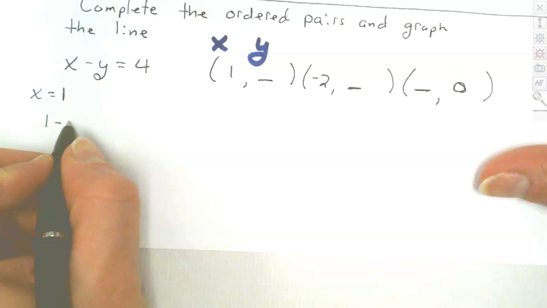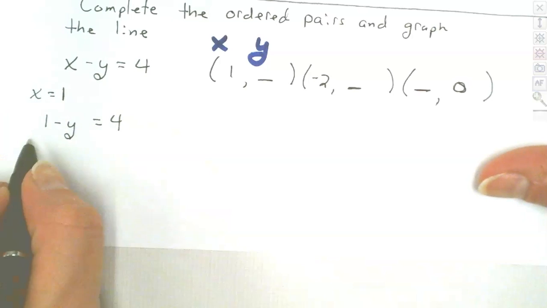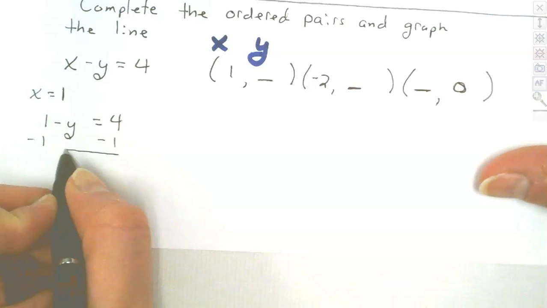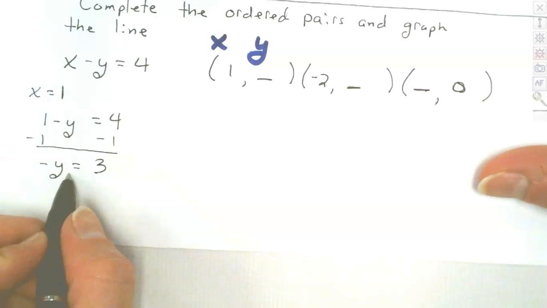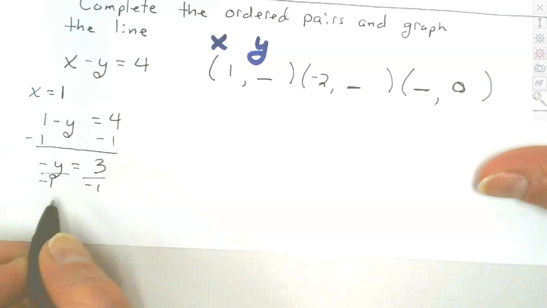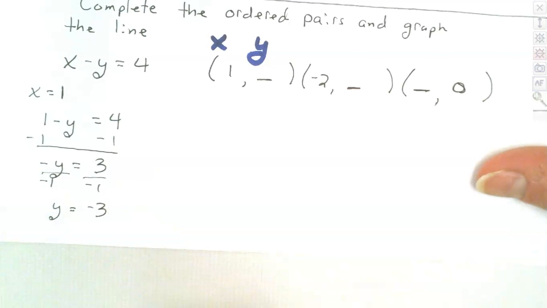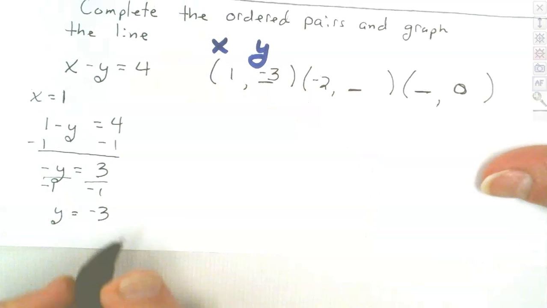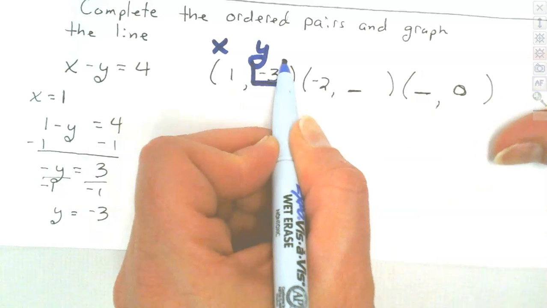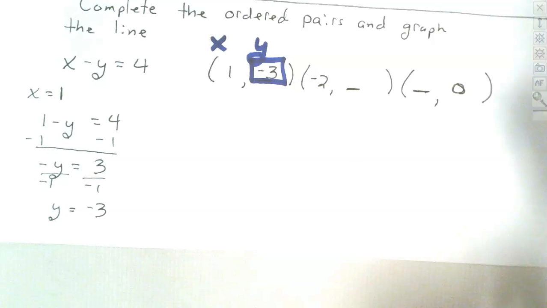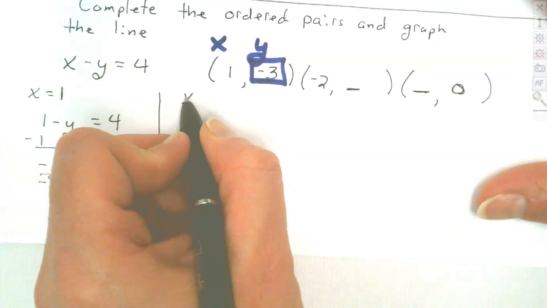So that's 1 minus y equals 4. We'll move that 1 over. And minus y equals 3. Divide by a negative 1. And y equals then a negative 3. What about the next one? Same process.